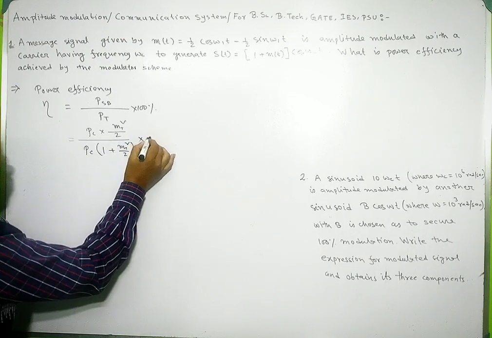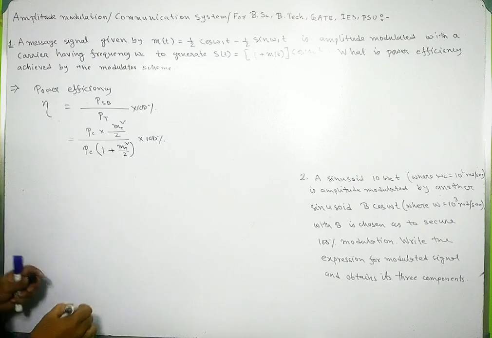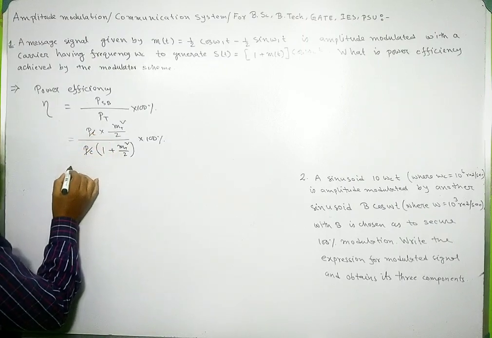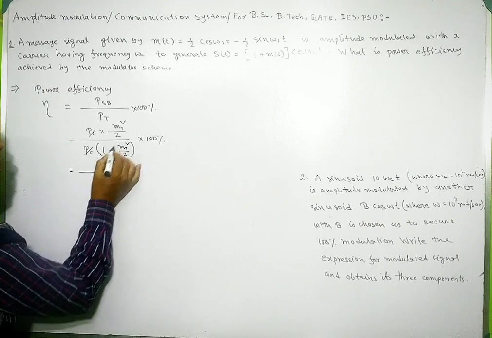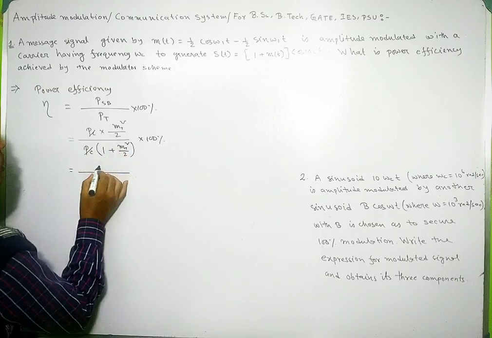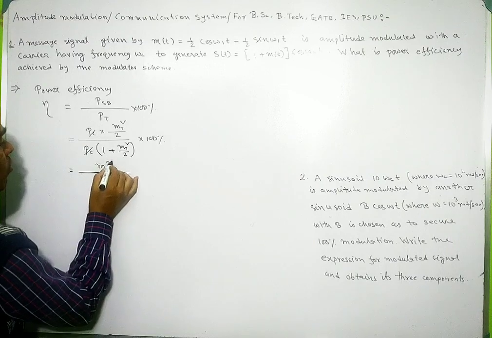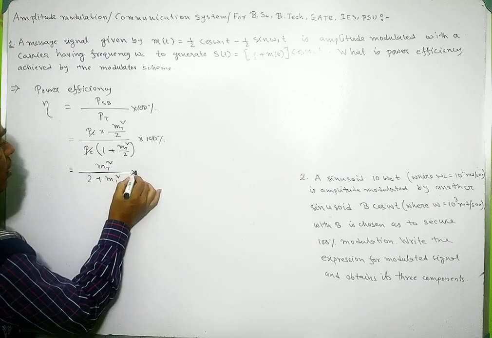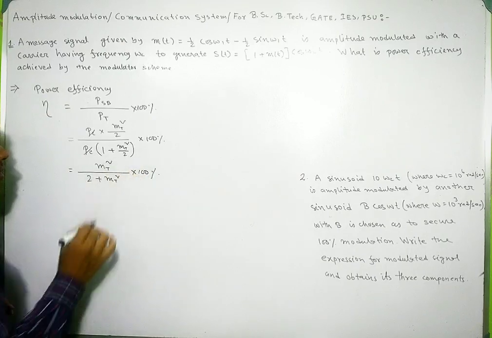These two formulas I have already derived in my earlier class. So here Pc will be cancelled out. If you modify this equation, it will be mt squared divided by 2 plus mt squared, into 100%.